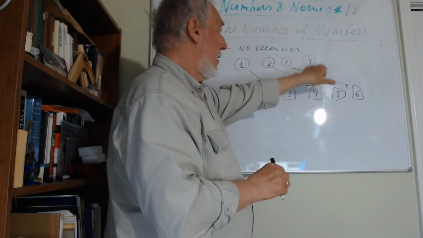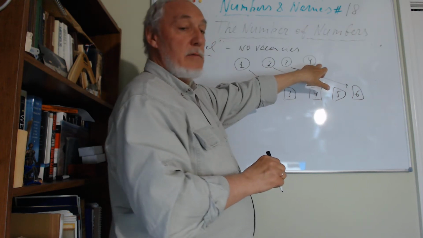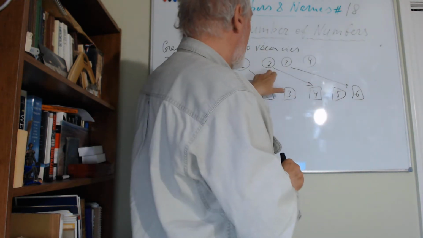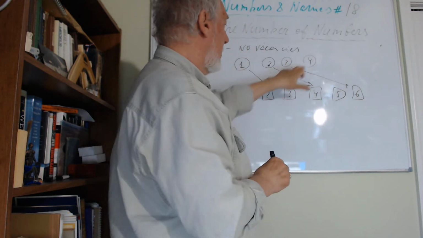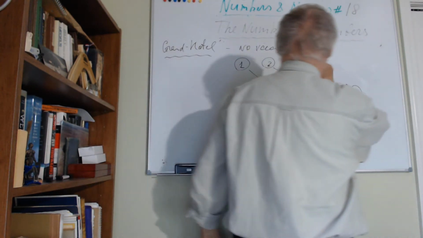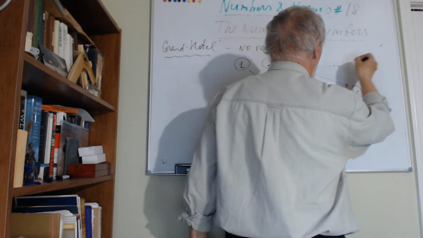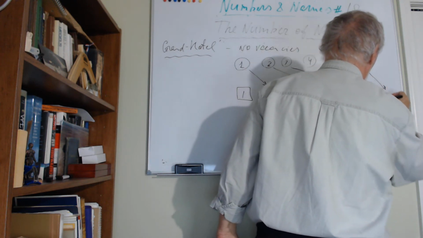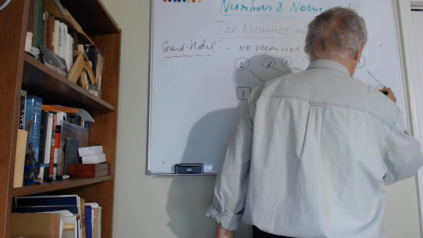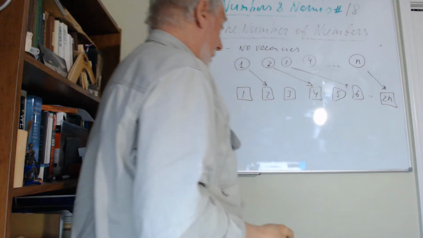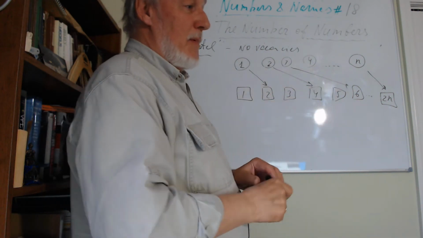And 4 goes to number, what do you think? 8. 3 goes to 6, 2 goes to 4, 1 goes to 2, 4 goes to 8. And if we have person number n, it goes to room number 2n.